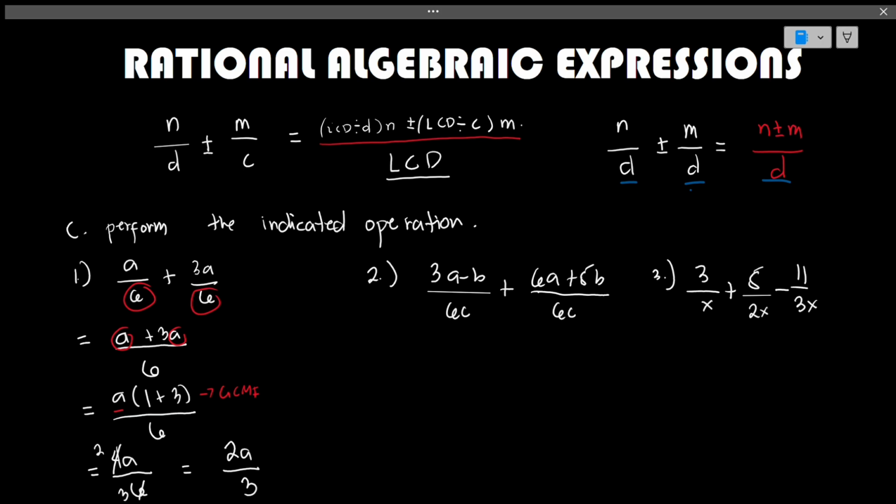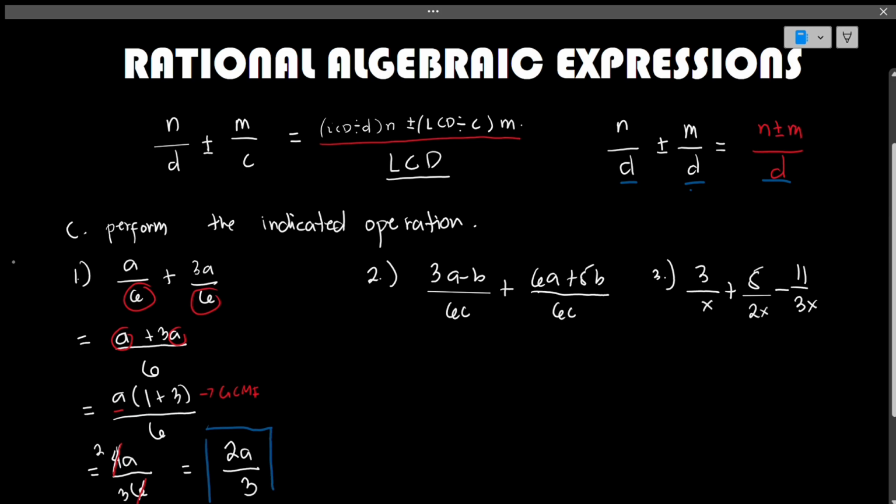Then we simplify: 1 plus 3 is 4, then a times 4 is 4a. We can now cancel 4 and 6, which are both divisible by 2: 4 divided by 2 is 2, 6 divided by 2 is 3. So we copy our final answer, 2a over 3.